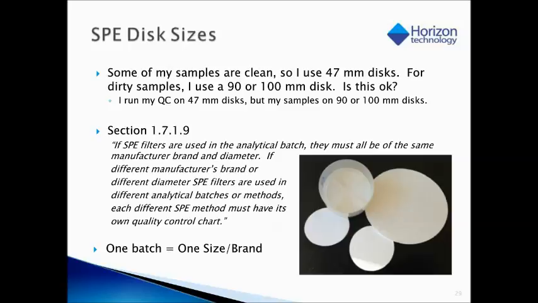Simply put, the answer is no. If you're going to use a particular brand and size of disc, you need to stick to that throughout the batch. You should also be aware that with the latest revision, they actually specifically require you to have a set of control charts for each brand and for each size of discs that you're using.